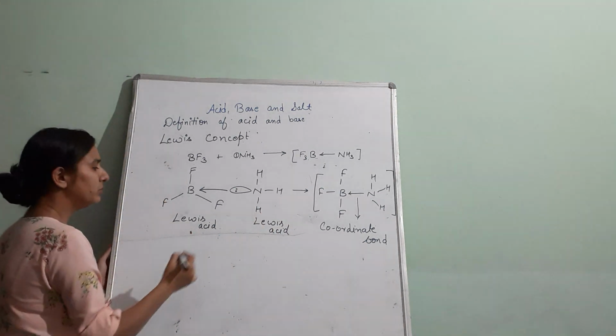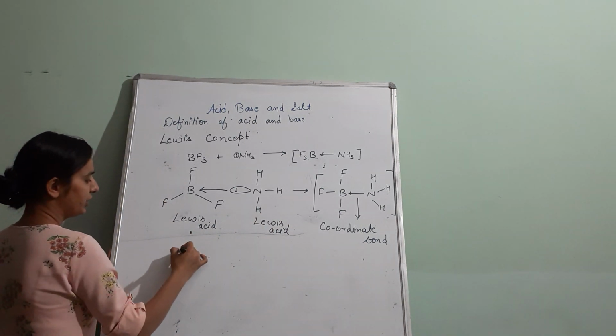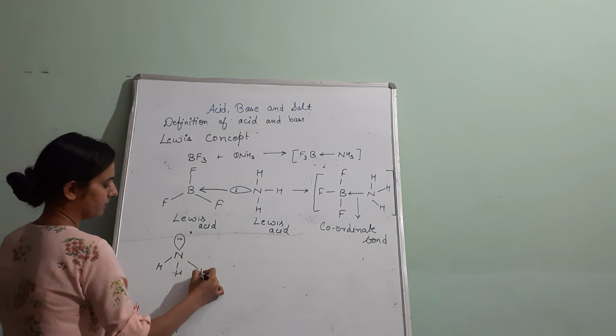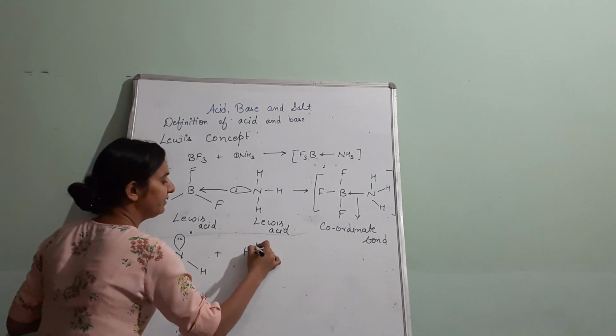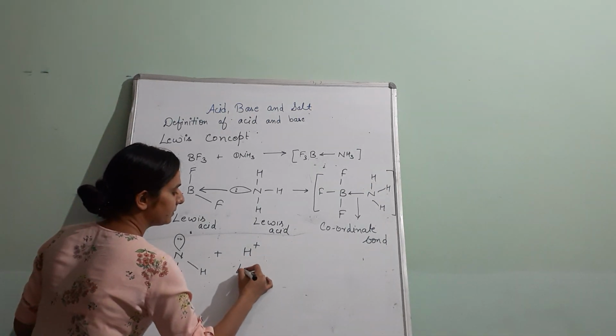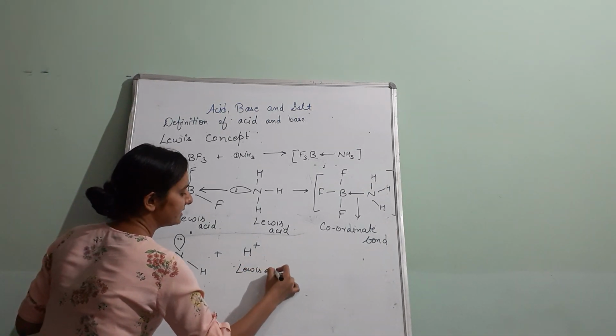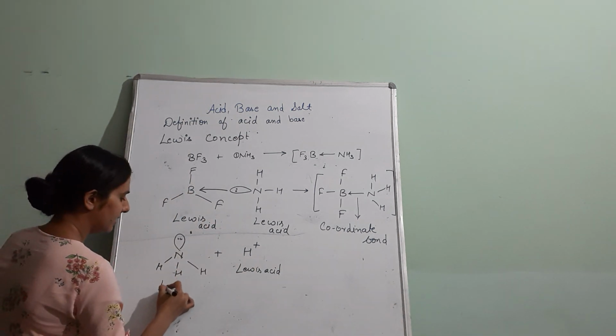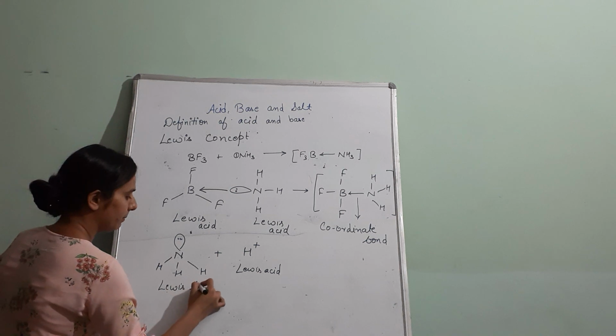Let us consider one more example. NH3 has a lone pair, it reacts with H positive ion, a positively charged species that acts as Lewis acid. The lone pair of electrons is ready to donate, Lewis base.